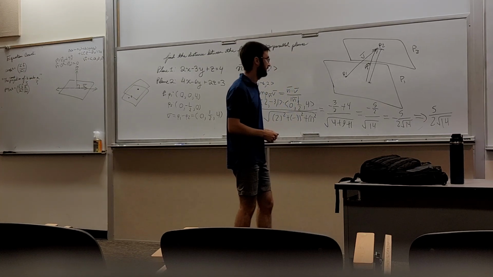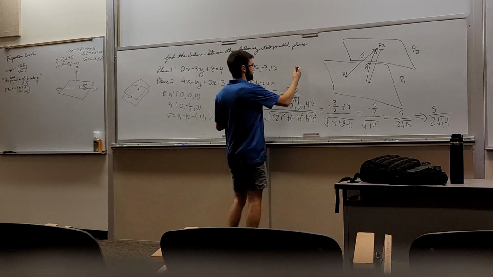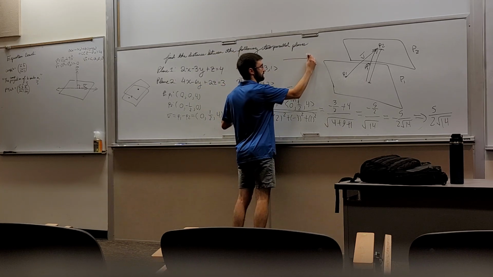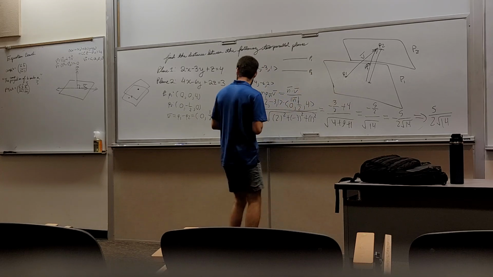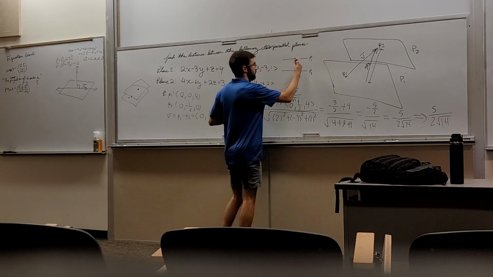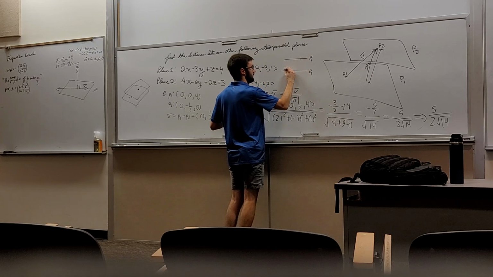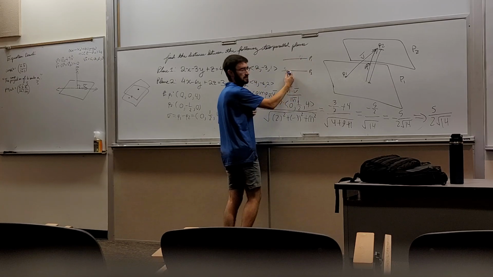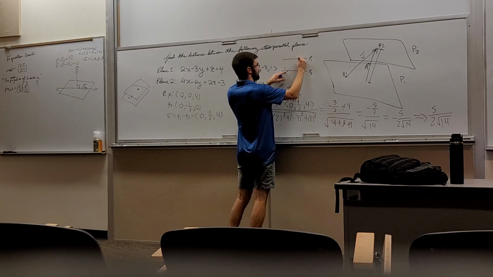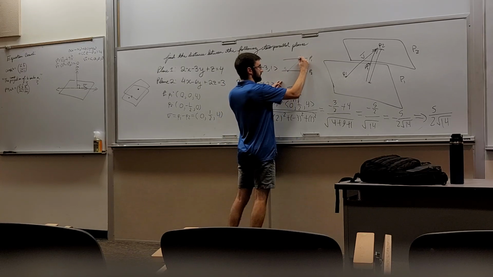In this case, it ends up being the shortest distance between the two of them. Maybe if I drew it in R2, it might be a better visual. So we have plane 1 here, we have plane 2 here, and then I'm picking an arbitrary point on P1, an arbitrary point on P2. This is P2, P1. I take the displacement vector between them, and then I take the normal vector.